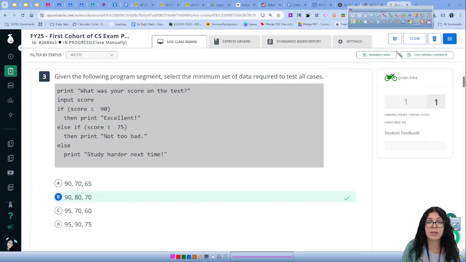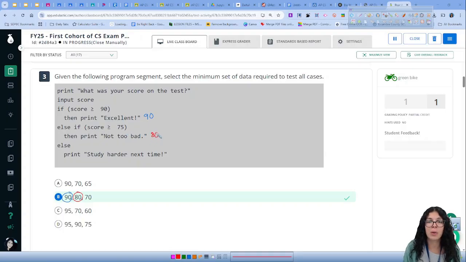So with the correct answer, B, you can see that, again, if we start with the 90, 90 will test the excellent. And then moving on to 80. So 80 greater than or equal to 90? No. So then else is 80 greater than or equal to 75? Yes.